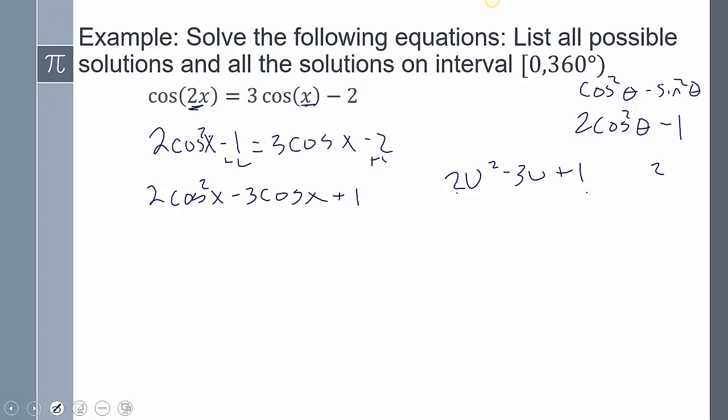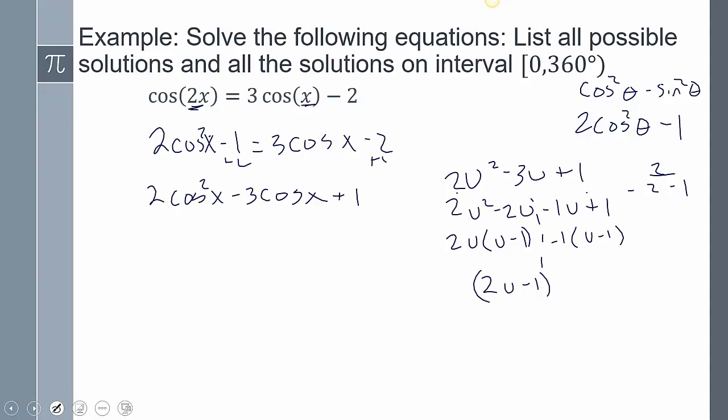A times c, 2, factors of 2 that add to negative 3: negative 2, negative 1. So 2u squared minus 2u minus 1u plus 1. Factor out 2u. Factor out the negative. So then this becomes 2u minus 1 and u minus 1.